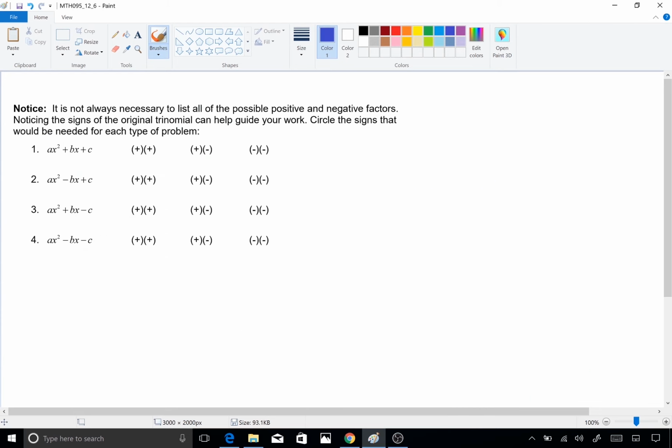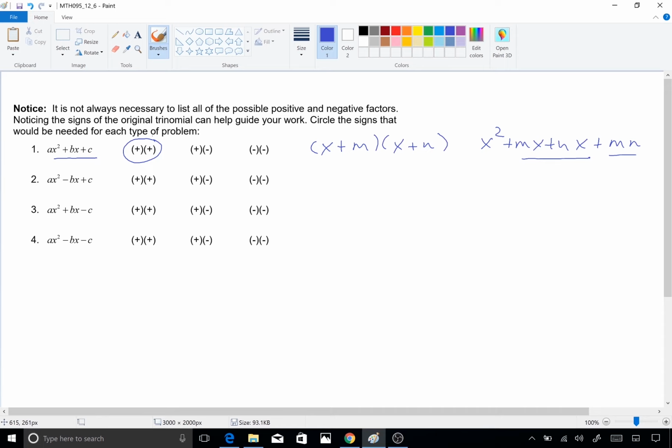You can shorten the search for factors if you look at the possible signs you would need. Let's say you have a trinomial ax squared plus bx plus c. It could factor into x plus m times x plus n, because that gives us x squared plus mx plus nx plus mn, and this term is positive and this term is positive.